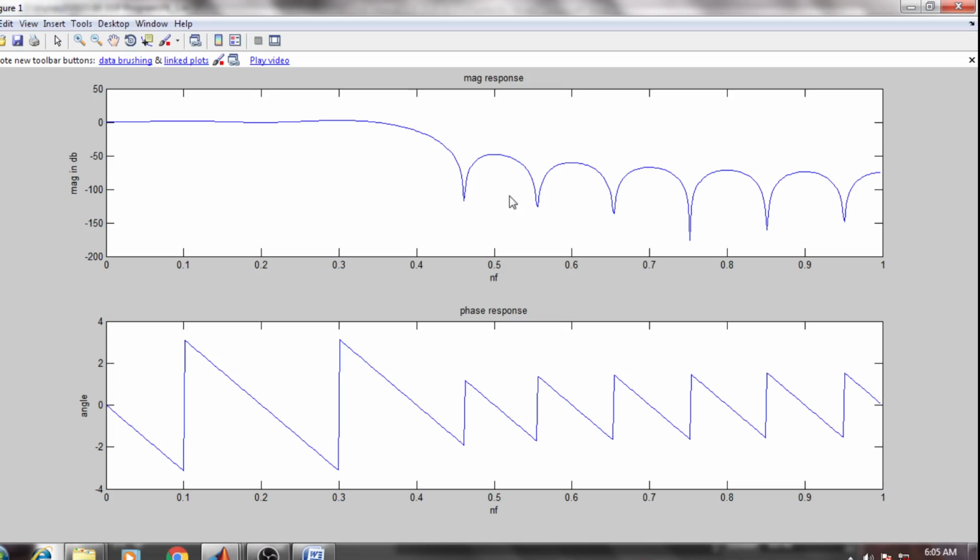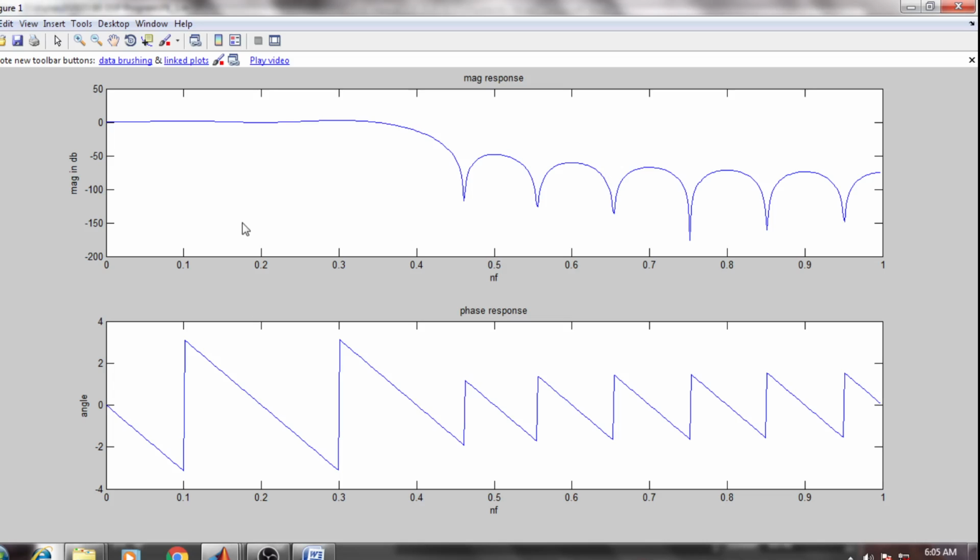So the magnitude plot will give a clear idea that it is a low pass filter. But the phase response is not giving you a clear idea that it is a low pass filter. Again, it requires some kind of mathematical expression to be narrated in proper fashion.